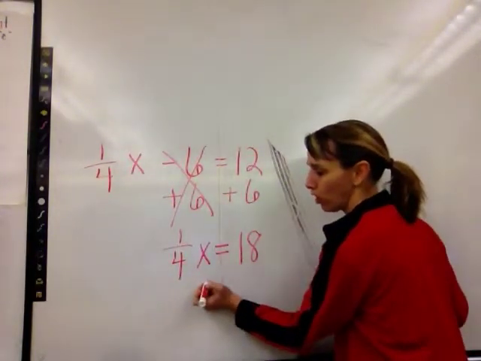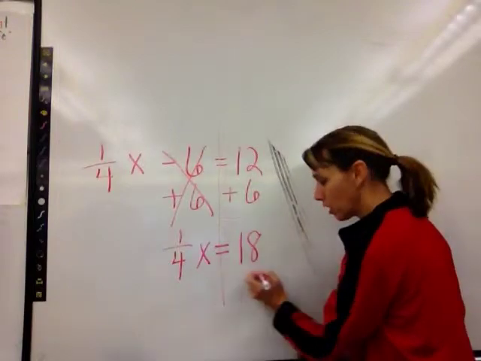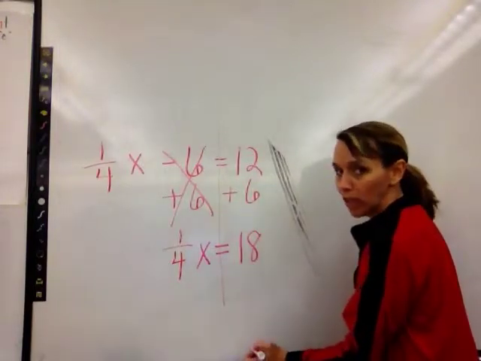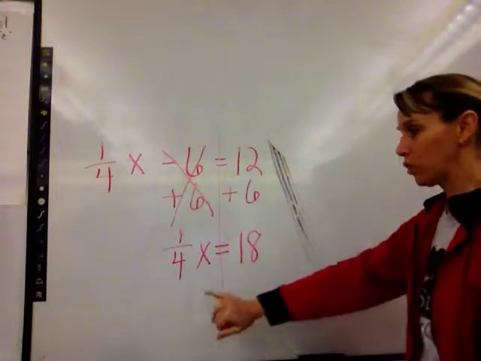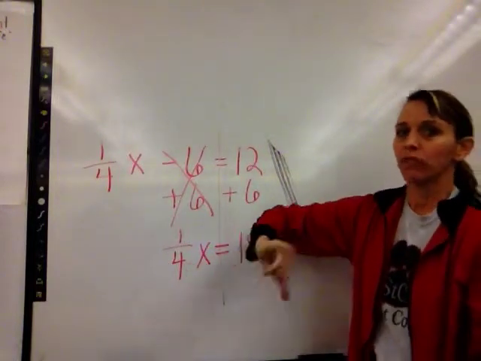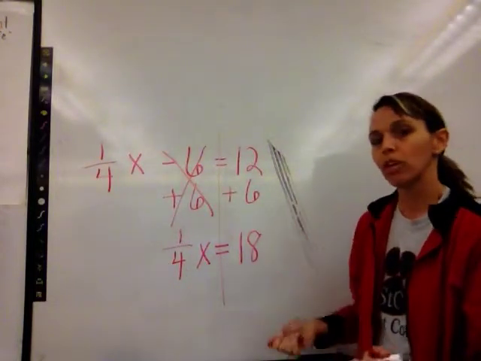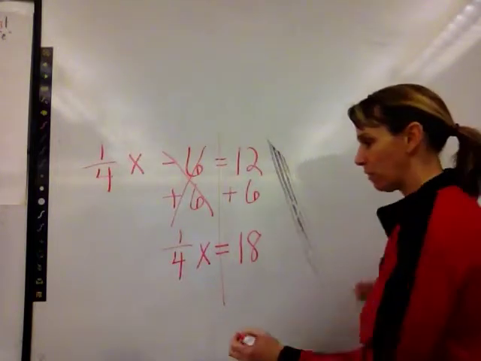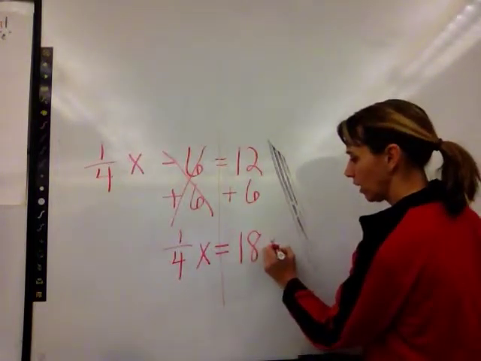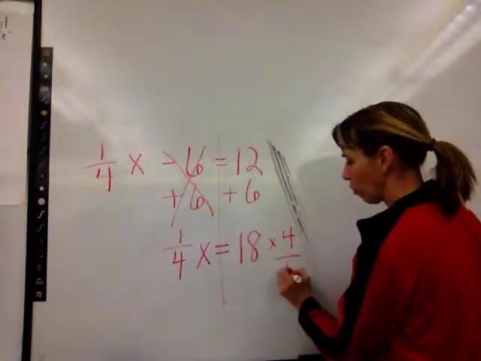Now I'm going to do my shortcut. You could draw a line and put 1/4 underneath on each side, but I know that since I have a fraction, I'm going to flip that reciprocal. So instead of writing down 1/4, I'm flipping it over here, 4/1.